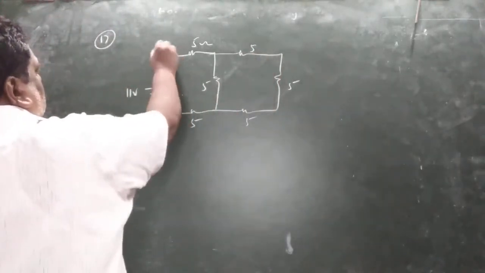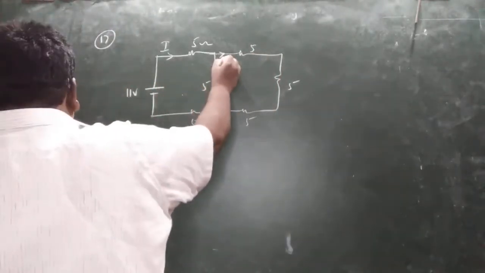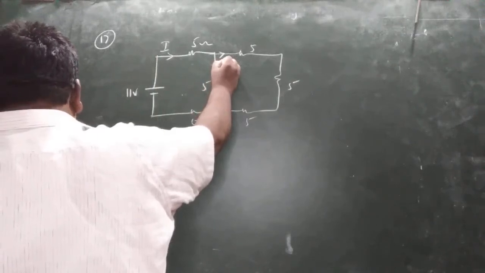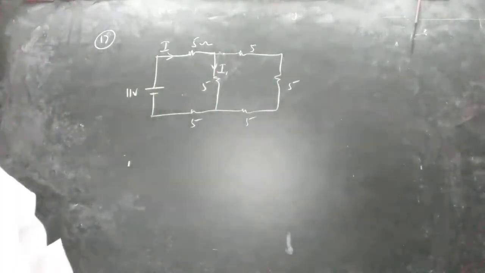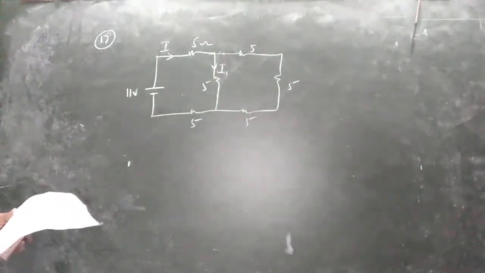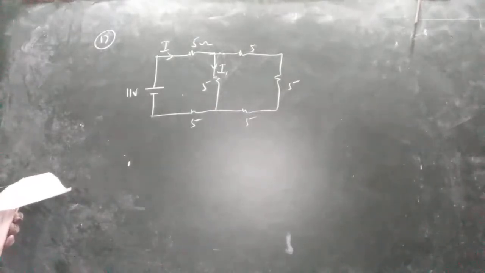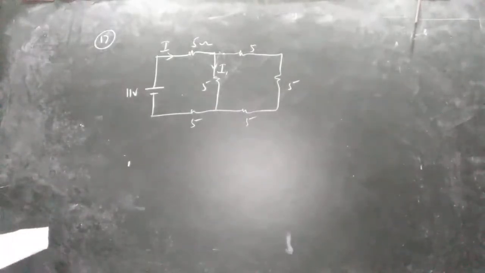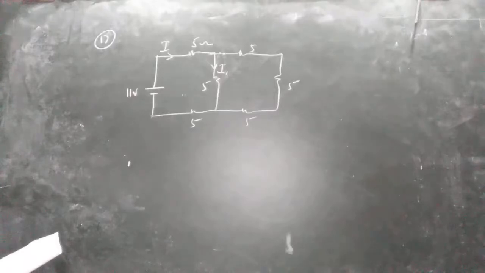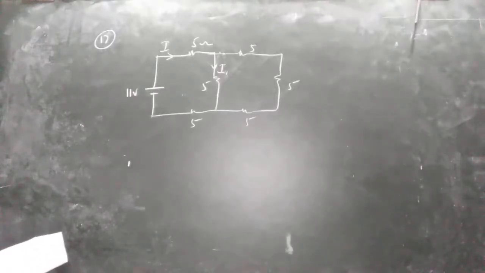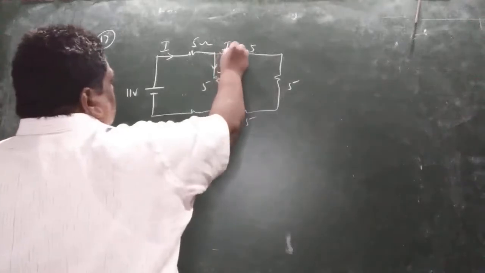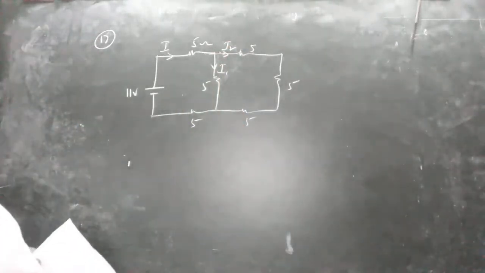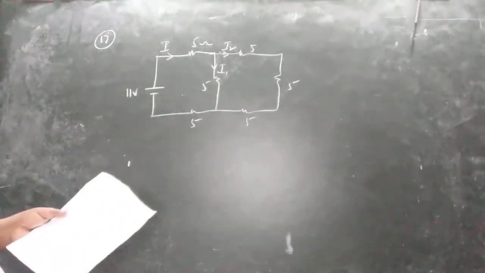The circuit is given, total current is I, here current is I1, here current is I2. It is asked to find I1 and I2, not I.